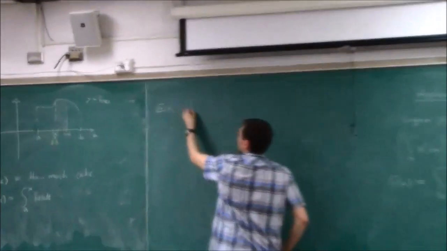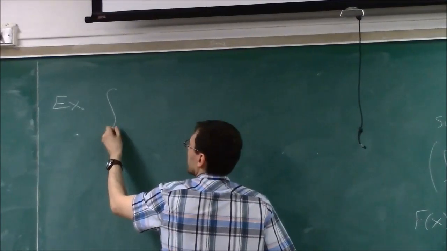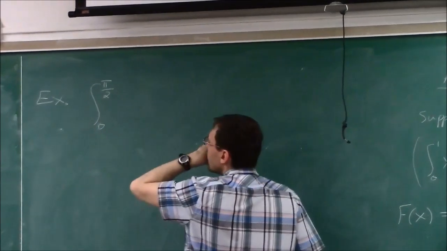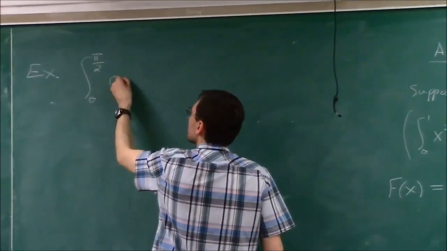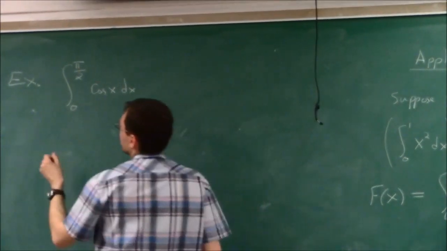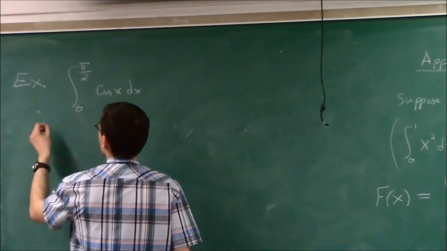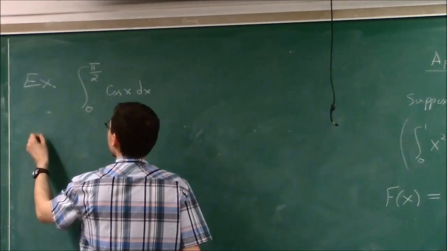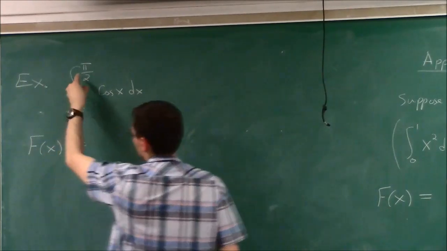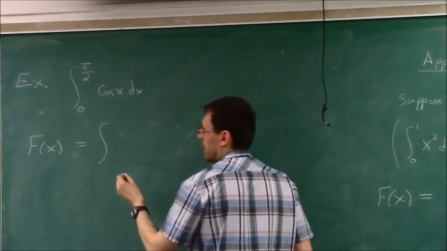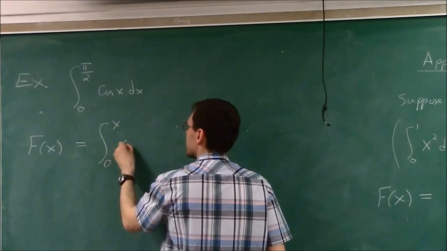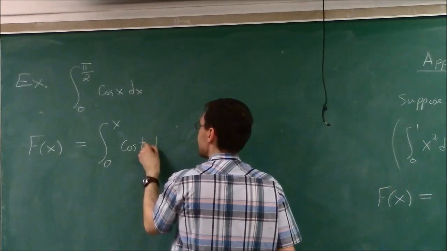Example. Suppose what we are trying to do is find the integral from 0 to pi over 2 of cosine x dx. Okay? So then what you observe is that, instead of this area problem, you find capital F of x, and that's the integral from 0 to x of cosine t dt.